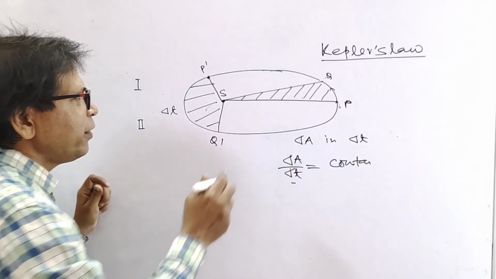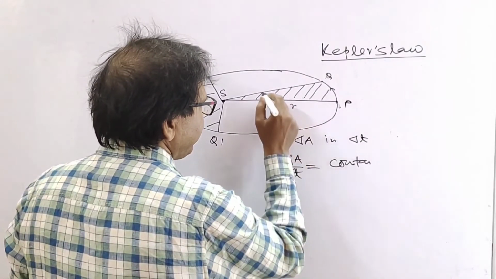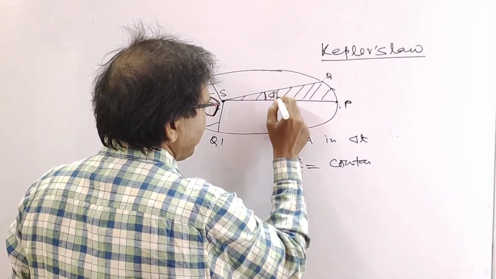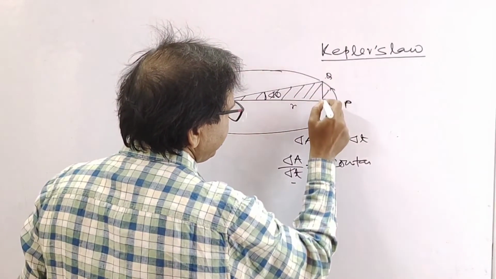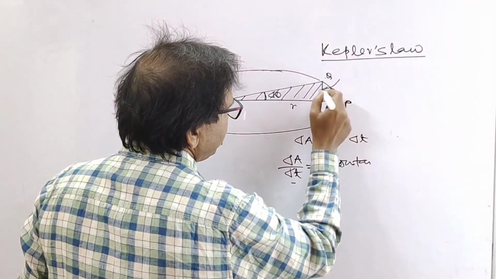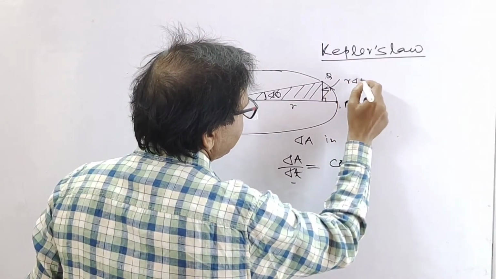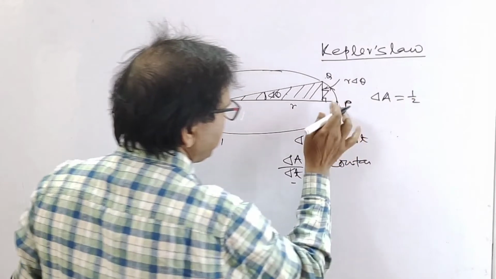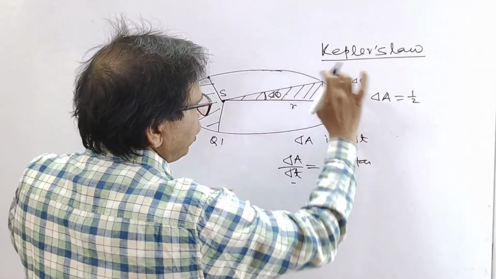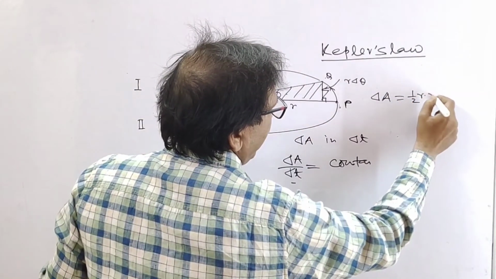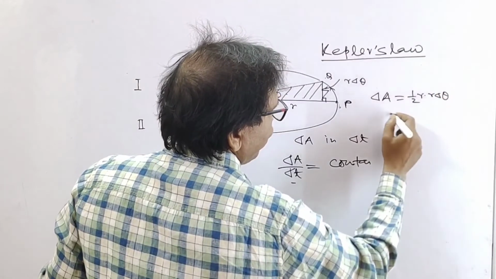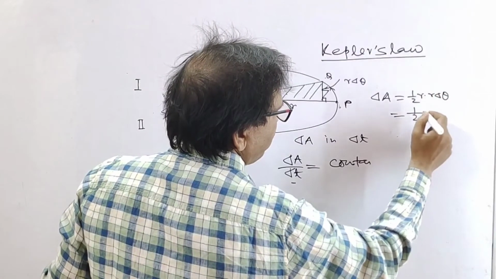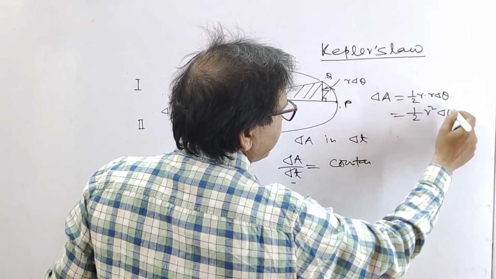Now look at this, if r is the radius and this is the angle delta theta, this is the perpendicular, so this is r delta theta. So the area swept delta A is half base r into altitude r delta theta, so this is half r² delta theta.